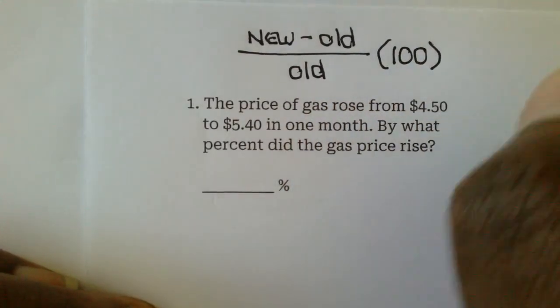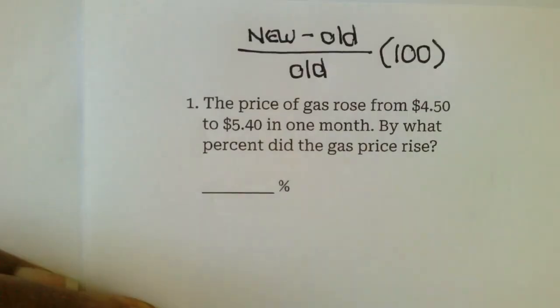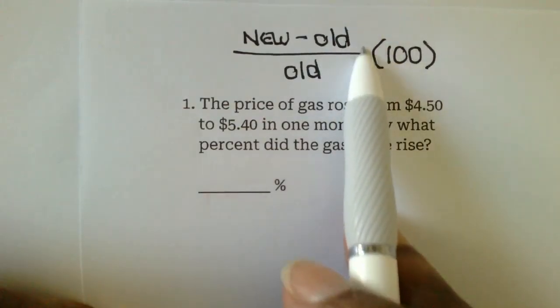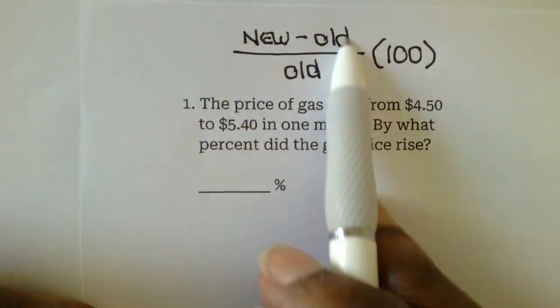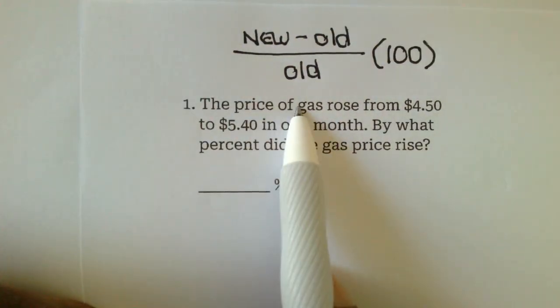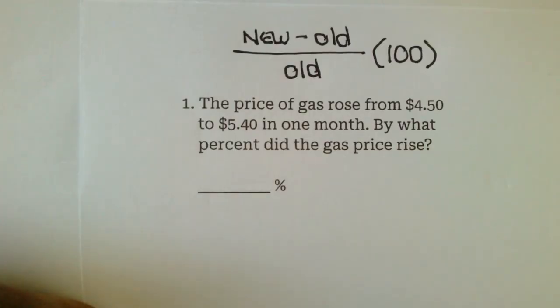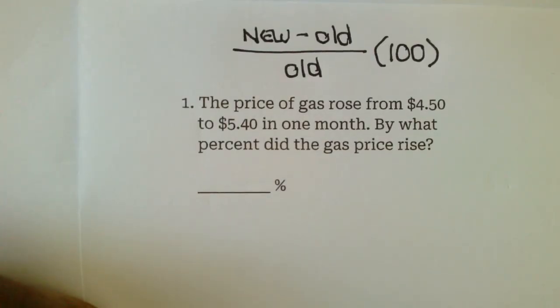And the reason why I'm multiplying by 100 is so we can get the percentage. Okay, Beauty is her name, I see you, and Brenda, I see you. Thank you. Now, some people like to do the absolute value of this because this is always going to be positive. But since it's an increase, we don't have to worry too much about the absolute value because that answer is going to be positive.